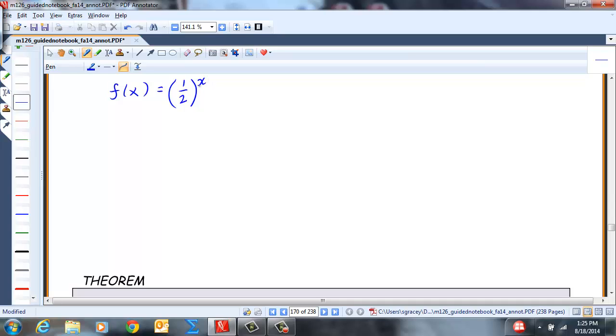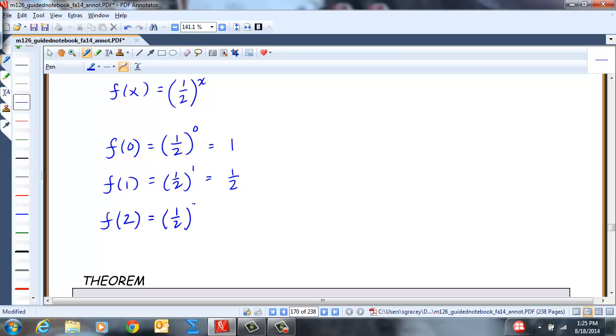If we find f at 0, that'll be 1/2 raised to the 0, which is 1. And f at 1 is 1/2 raised to the 1, which is 1/2. F at 2 is 1/2 squared, which is 1/4. And f at 3 will be 1/2 cubed, which is 1/8.